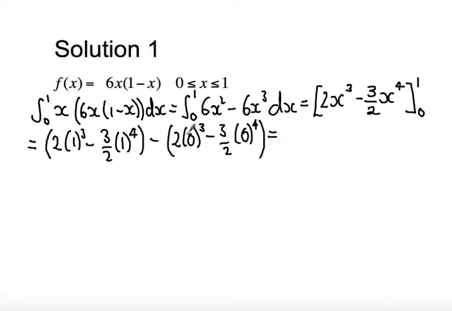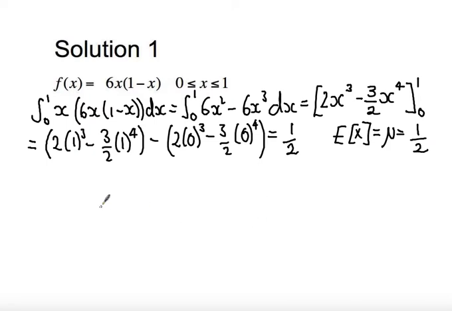Show the substitution, show that you can integrate correctly, and type this into your calculator all in one go. You should get a value of a half. So the mean, or the expectation of x, is equal to a half.